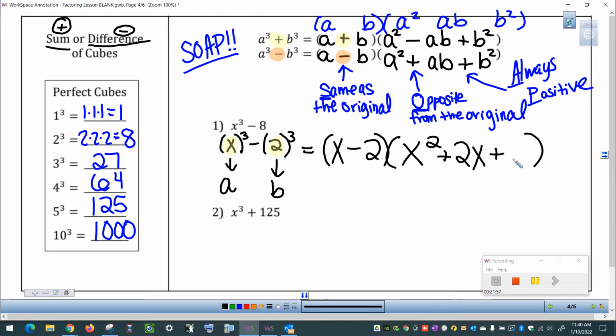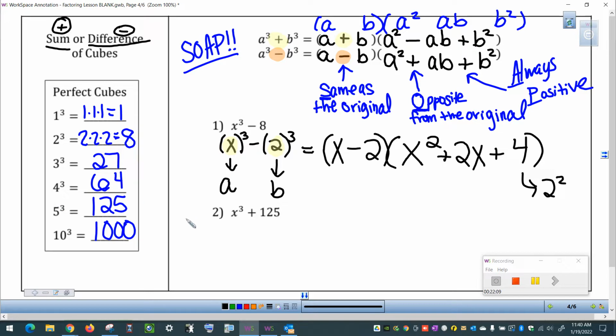You can write it as 2 squared, or just simplify that down. I'm going to write it as a 4, but off to the side I'm going to put a little note to myself as a reminder, it's really 2 squared at the end. And that is all we have to do. So we're just going to identify what's A and B, and carefully plug it into the formula.